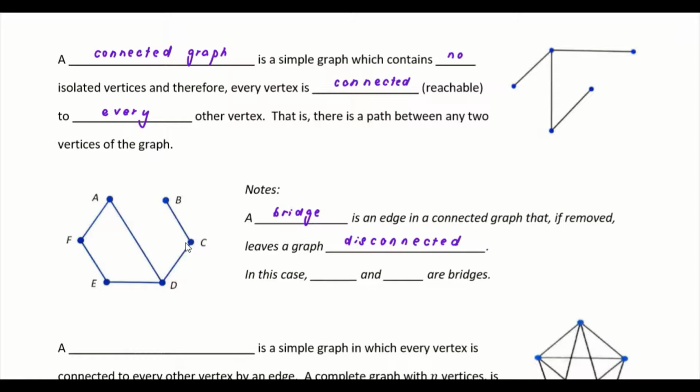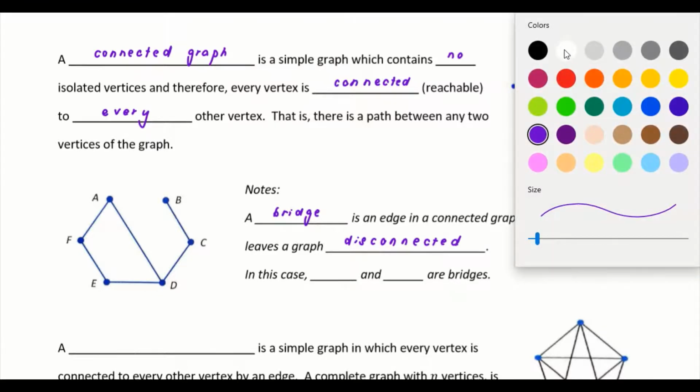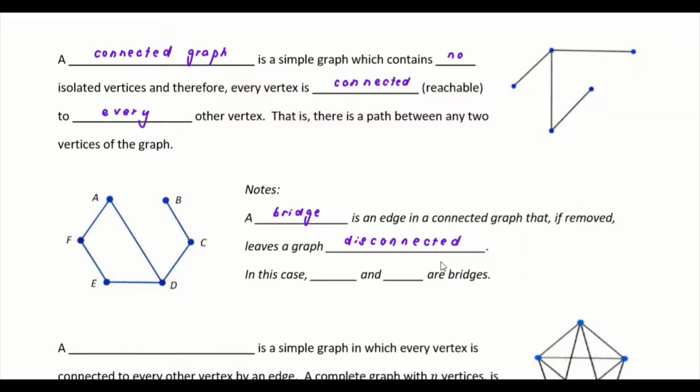Now what is meant by a bridge? I'll use the white color to erase edges so you can see. For example, when I remove the edge from A to F, is it still a connected graph?